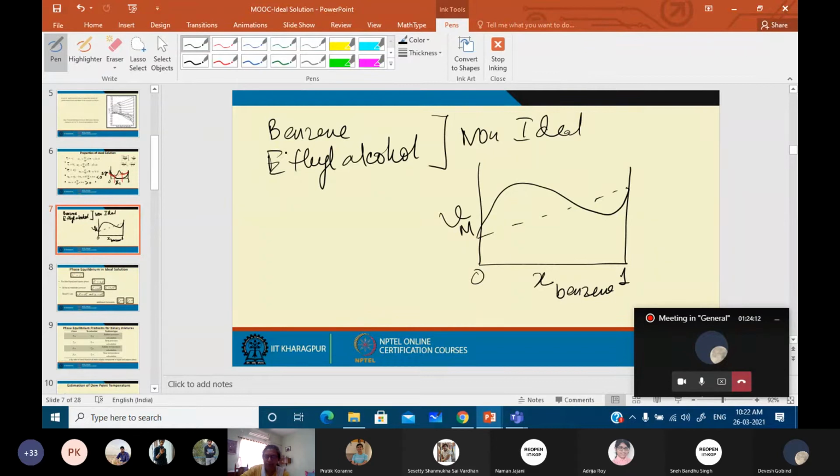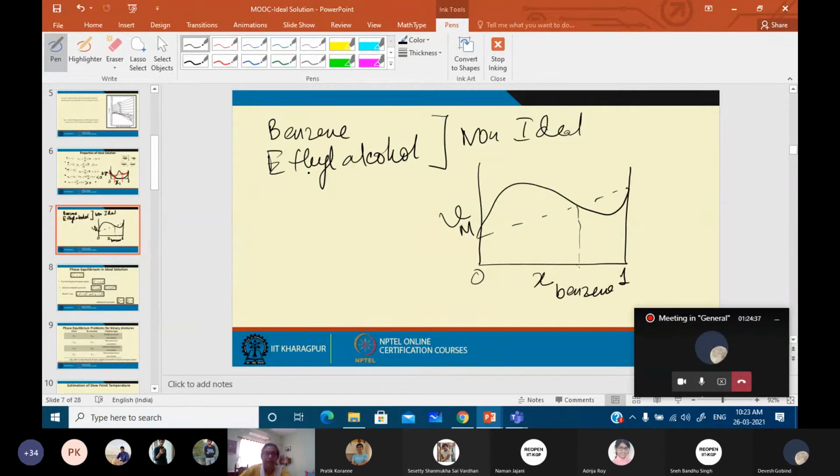Now suppose you have mixed benzene and ethyl alcohol at this particular composition. At this composition, it will appear to you that these two are mixing without any change in volume. And you would tend to assume that benzene and ethyl alcohol form an ideal solution, whereas in reality it does not form the ideal solution.